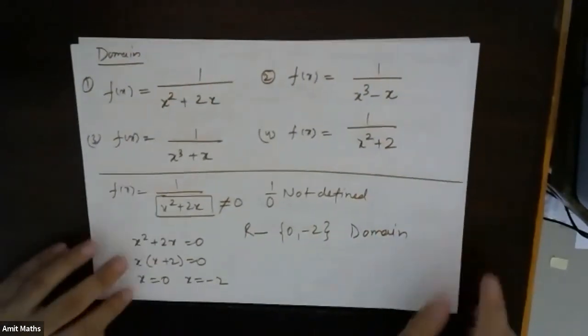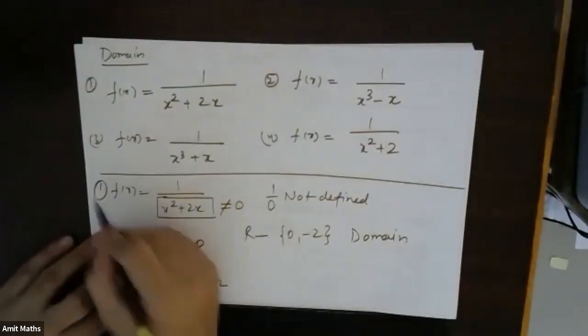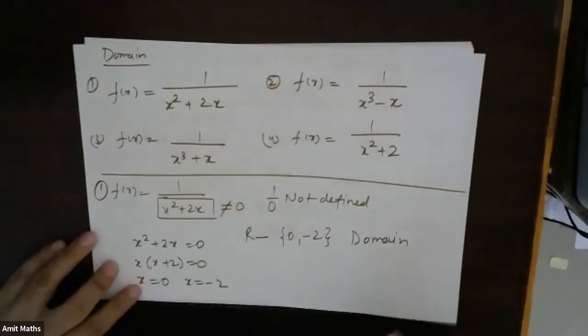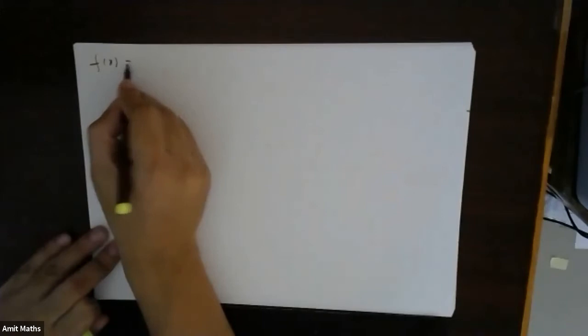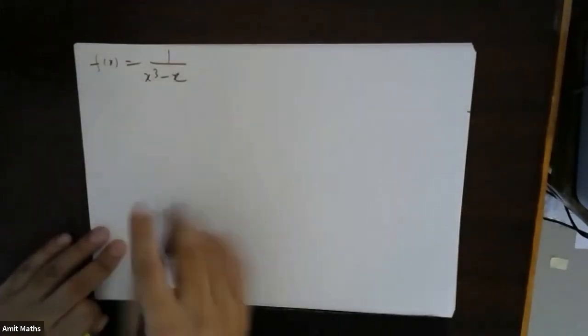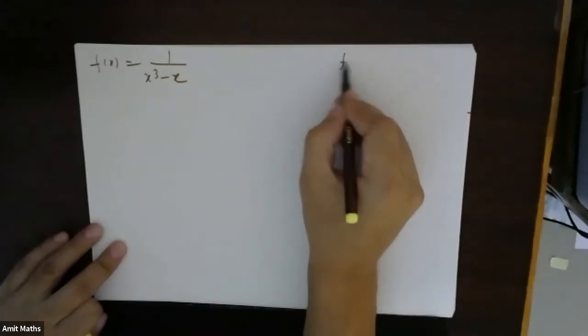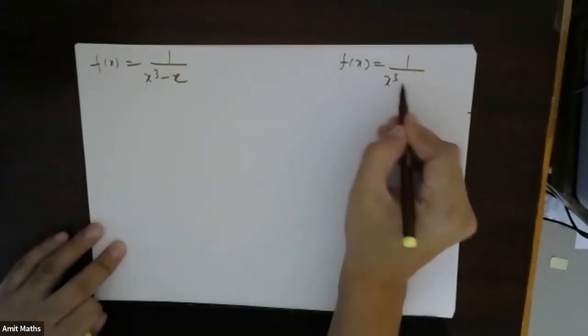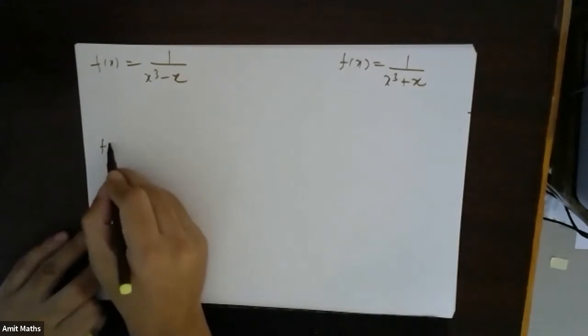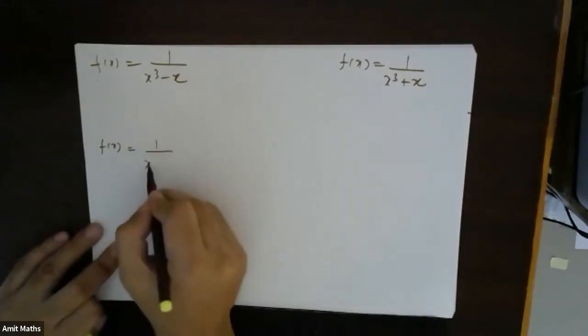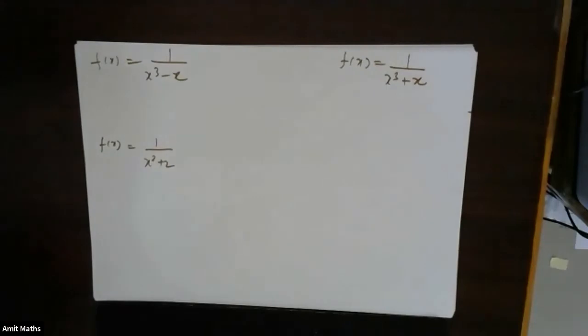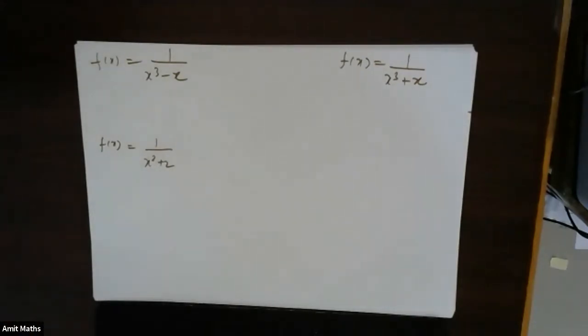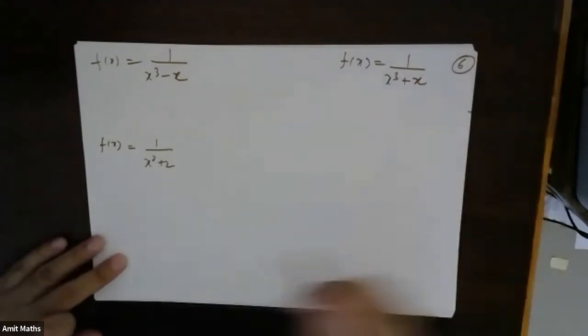Fine. Now next is the second part. Try to solve the second part, 1 upon x cube minus x.